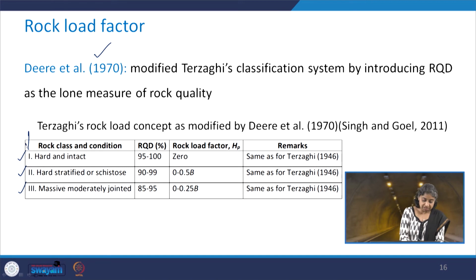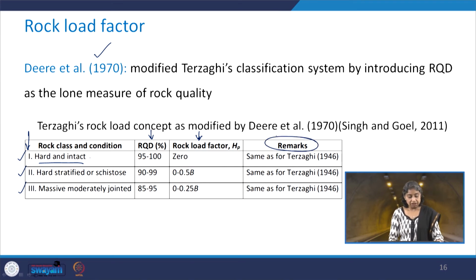The first column gives the rock class, and the text gives the condition, and the corresponding value of RQD in percentage is given, along with the rock load factor, and some remarks.